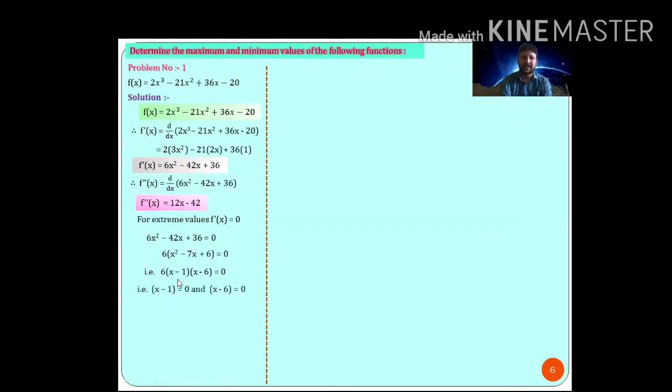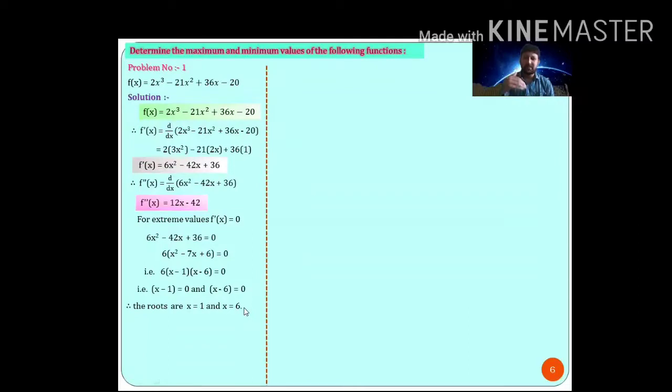Only two factors remain: x − 1 = 0 and x − 6 = 0. From the first case, x − 1 = 0 gives x = 1, and second, x = 6. So in this case we obtain two particular roots, x = 1 and x = 6.